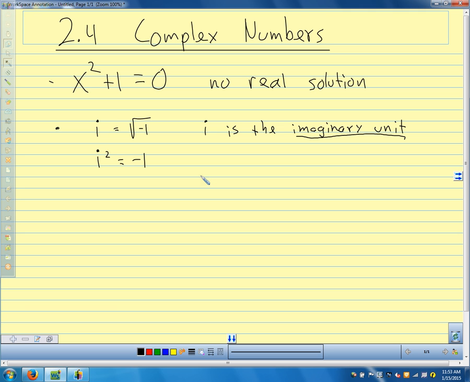All right. So i squared, yeah, i squared equals -1. We call i the imaginary unit. And if we add a real number to multiples of this imaginary unit, we get complex numbers. So complex numbers are numbers that look like a plus bi, where a and b are both real numbers.